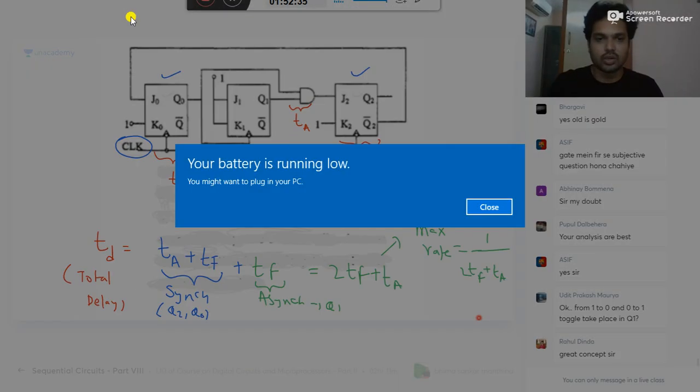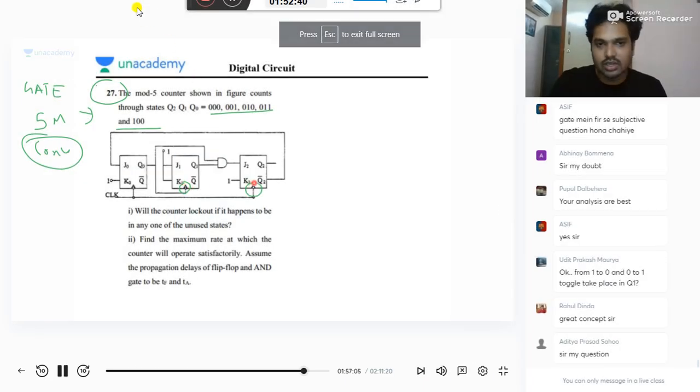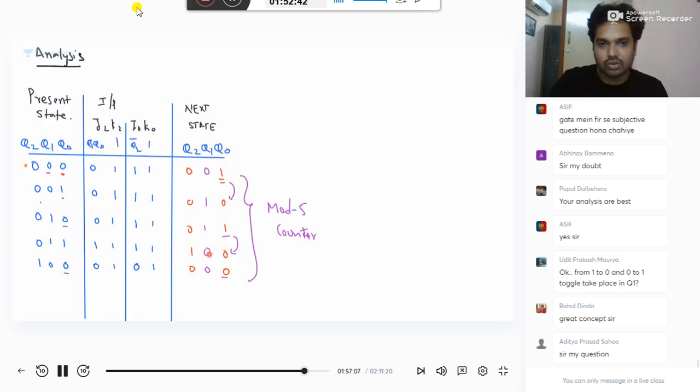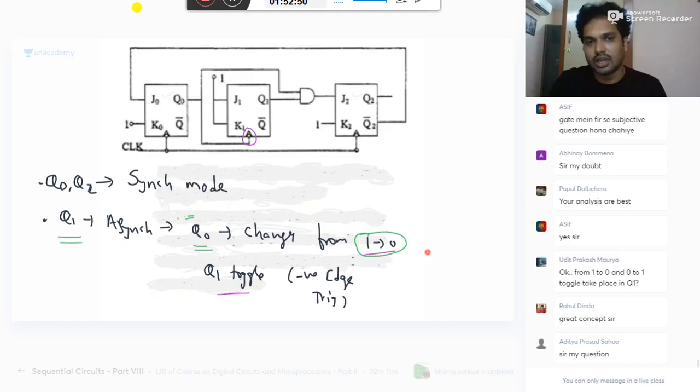Toggle takes place for the negative edge only, because it is negative edge triggering. It will toggle for 1 to 0. Follow the class completely; if some deviation is there, you cannot understand. It is written clearly here. Negative edge triggering, I bubbled this and showed this as 1 to 0.